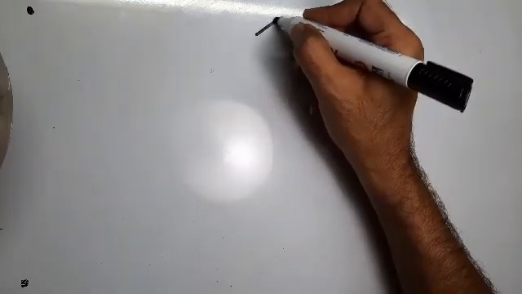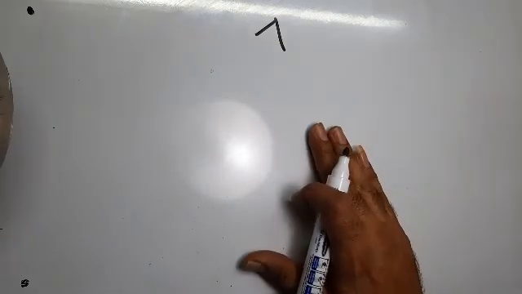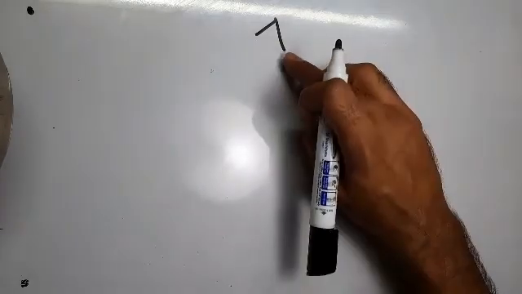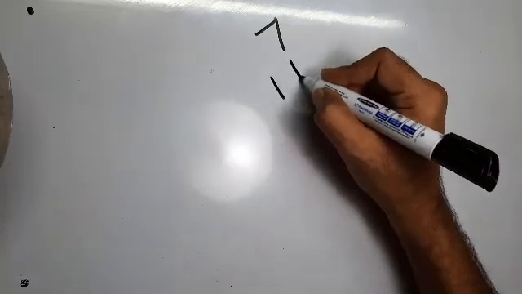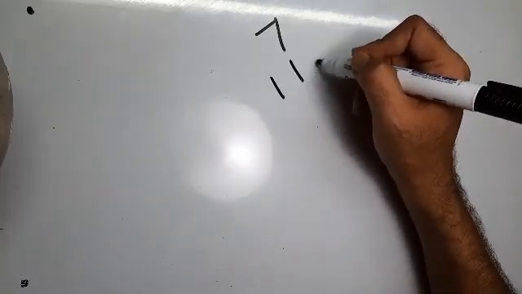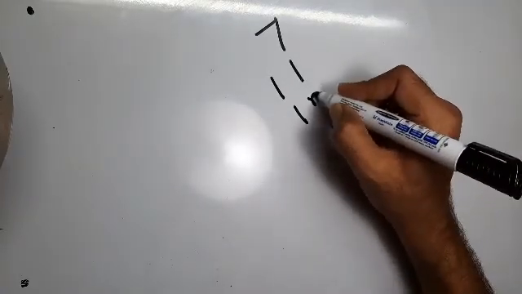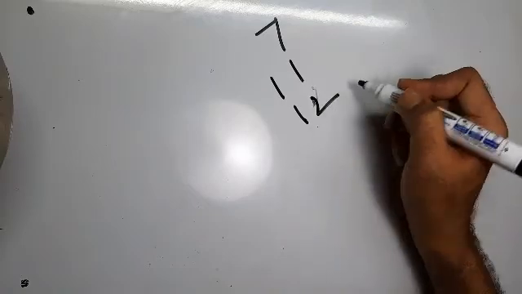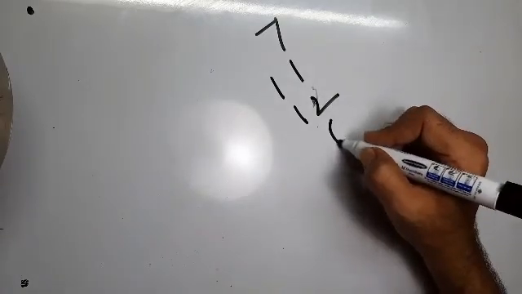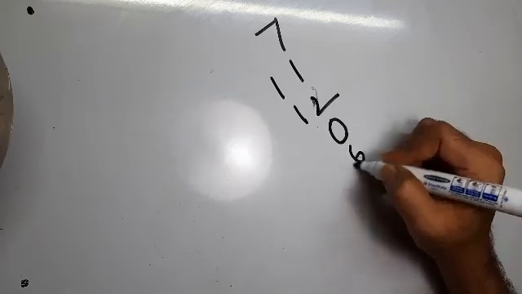I'll express the numbers in decimal for easy understanding. This is 7, 11, that is my second message block. My third is 12, the fourth is 0, and the fifth is 6.